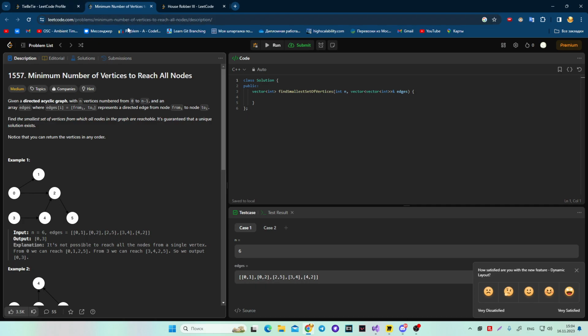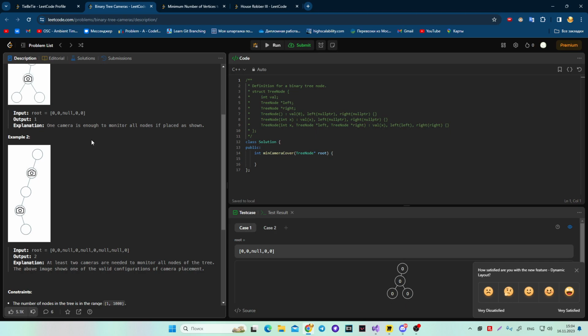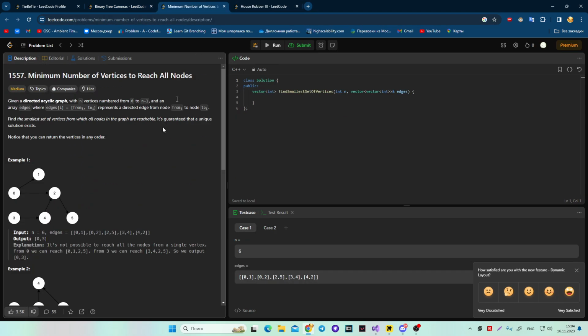We just apply this idea, as I told in this task, on every component, I think. But why is it medium?